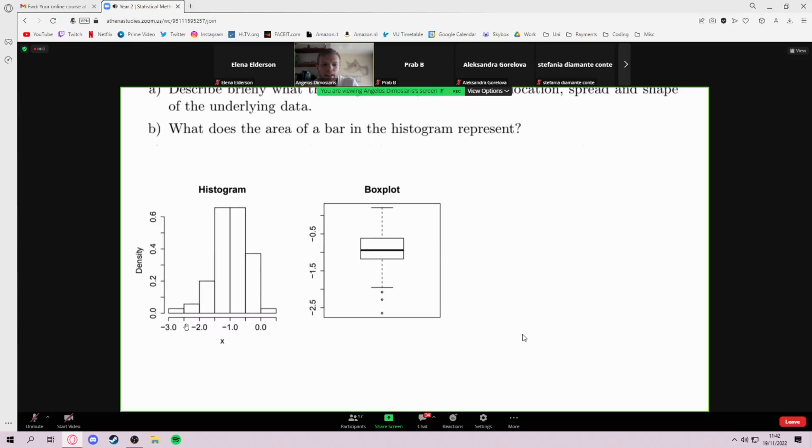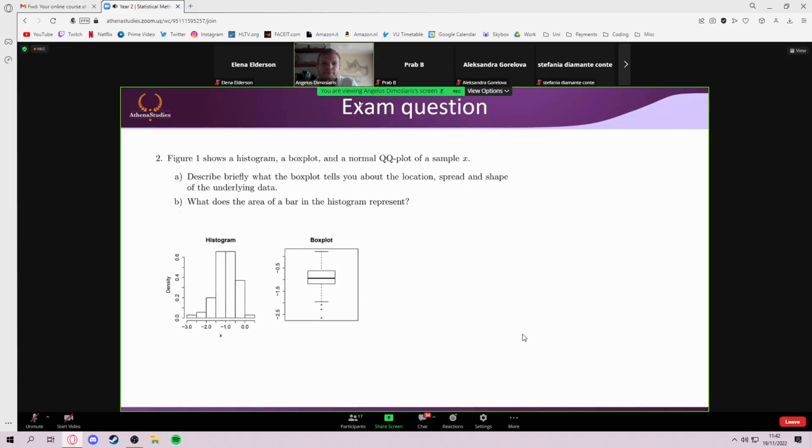For example, here we have from -3 to minus 2.5. And we see how this bar here represents how frequent this X value is. Make sense? Yeah. Okay, cool.